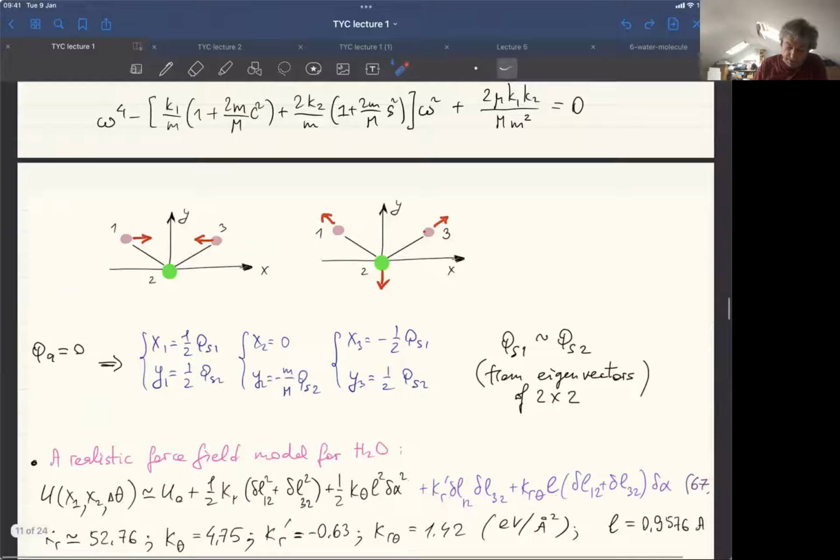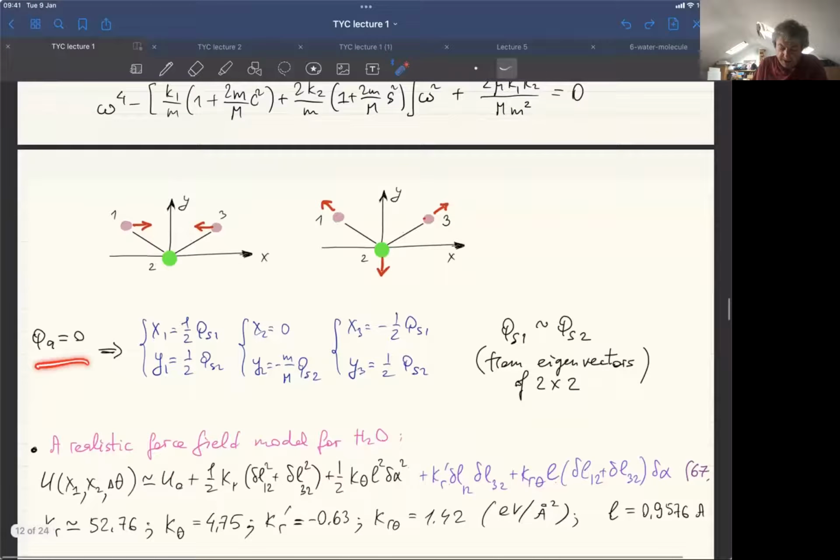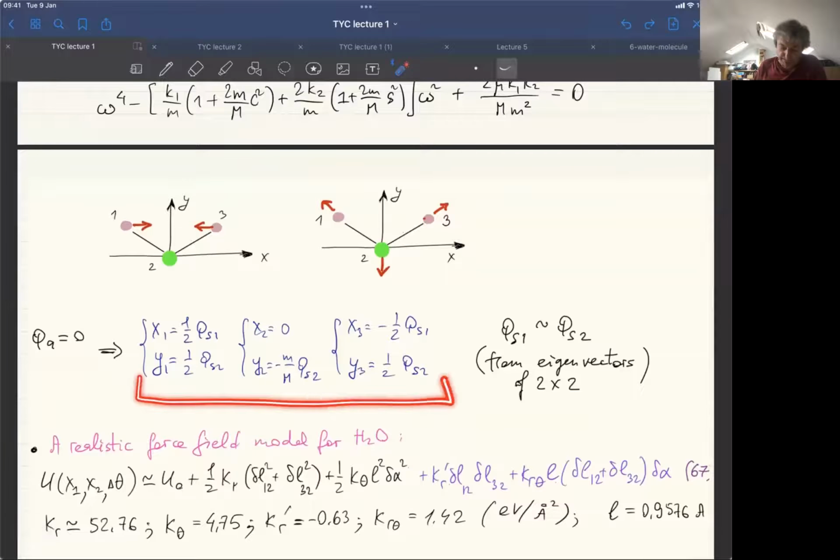I'll just show you what actually happens. If, first of all, QA, the first displacement, is 0, we excite only one mode. These displacements we have, the actual physical displacements of our atoms, are expressed by this generalized displacement in this way.